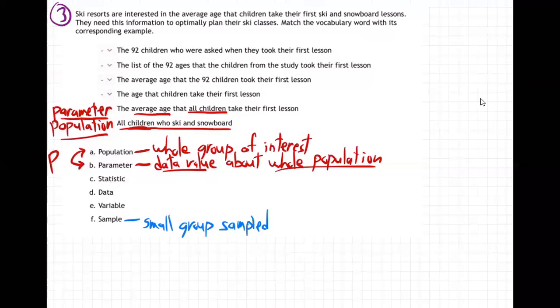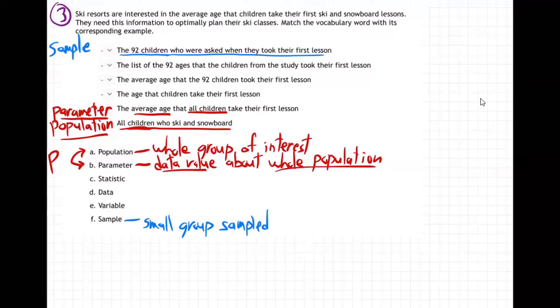So what's that going to be? What's the sample? Well, in this situation, it's this one, the 92 children who were asked when they took their, so they sampled 92 children. So they're trying to figure out, you understand what the ski resort is doing here?